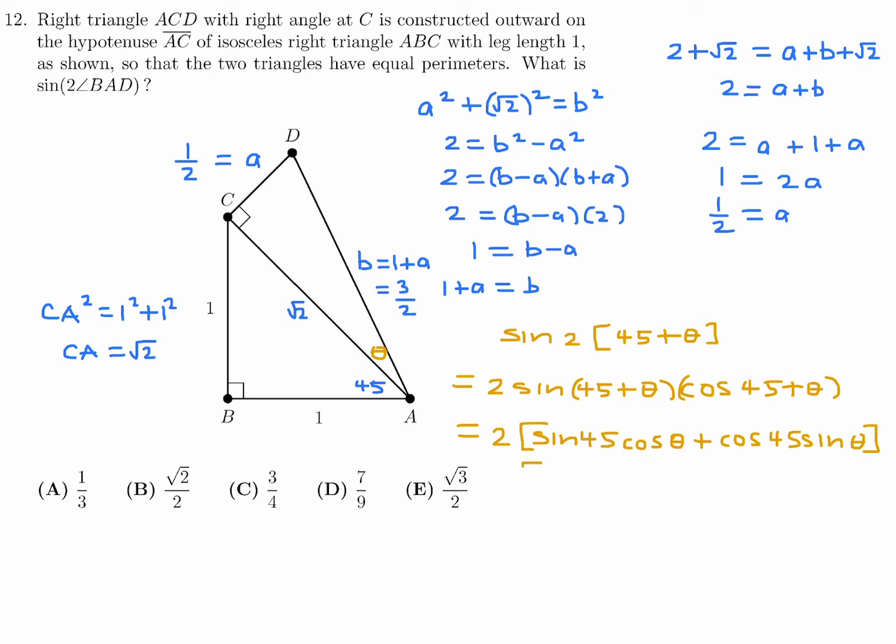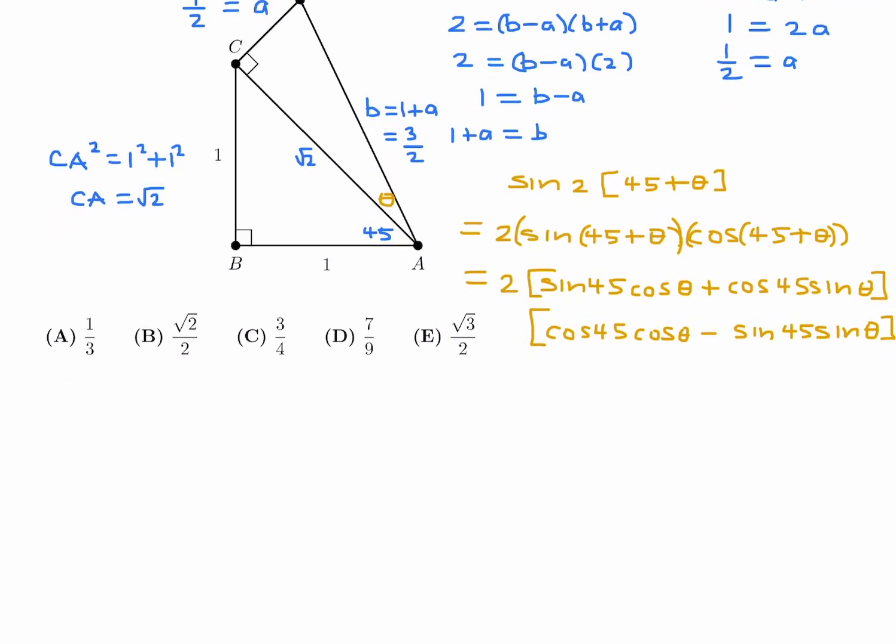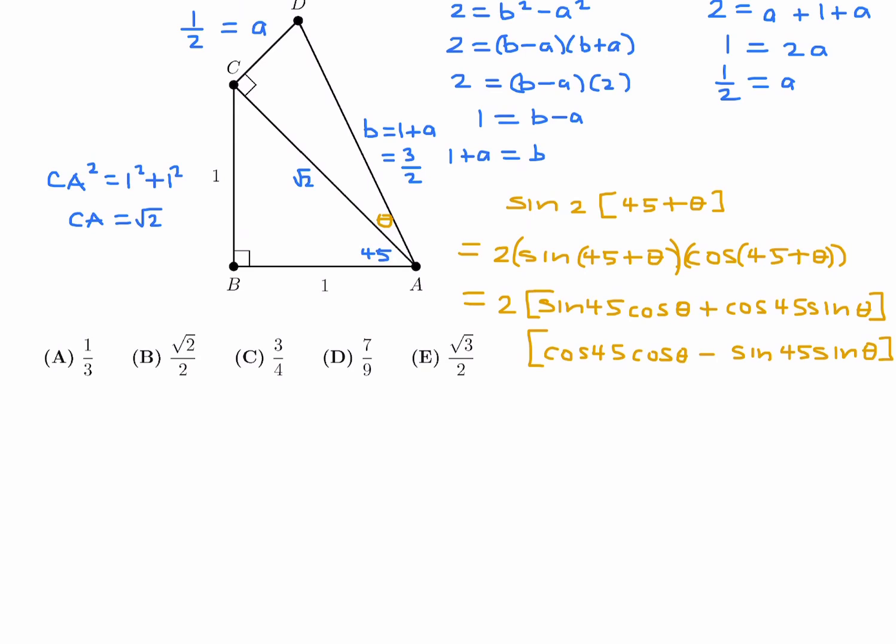And then we've got to multiply this by this guy, cos of 45 plus theta, like that. So that is going to be the cos of 45 times the cos of theta, and then minus sine of 45 times the sine of theta. Okay. All right, so we've got some progress here. Let's put it out here.